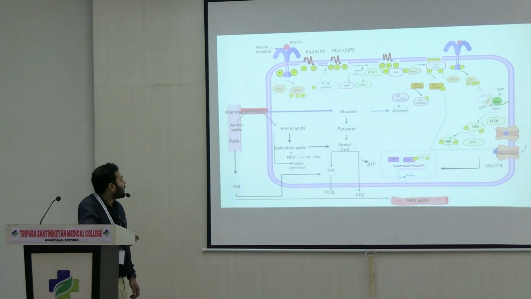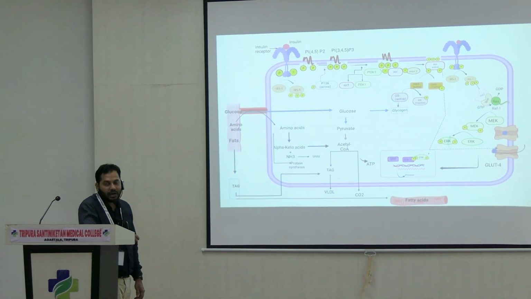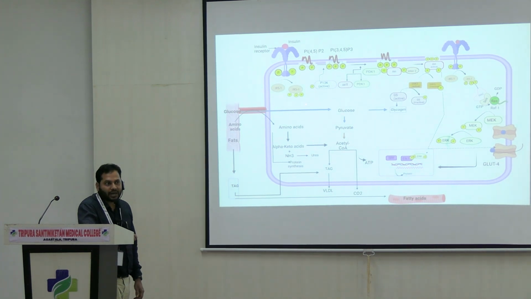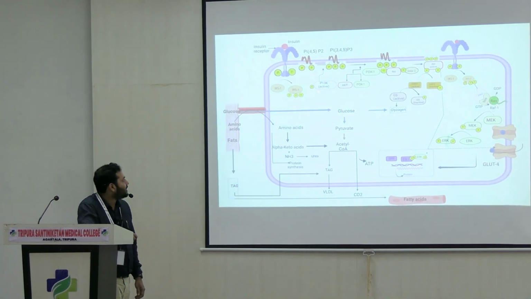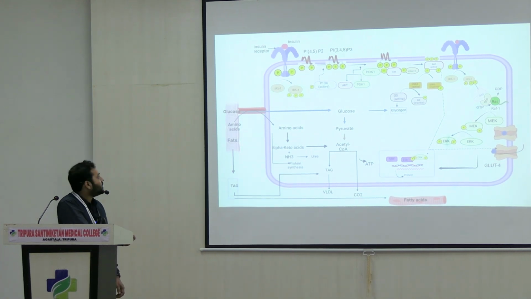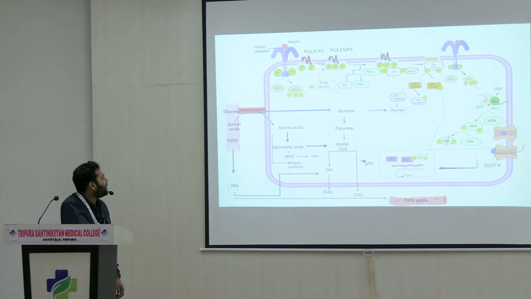This activation fully depends on a phosphorylation event, and this phosphorylation is carried out by the activated form of IRS1. Once PI3K gets activated, it phosphorylates the phosphatidylinositol 4,5-bisphosphate, PIP2, that is present in the membrane, right?